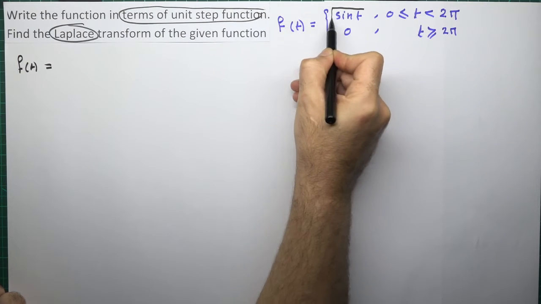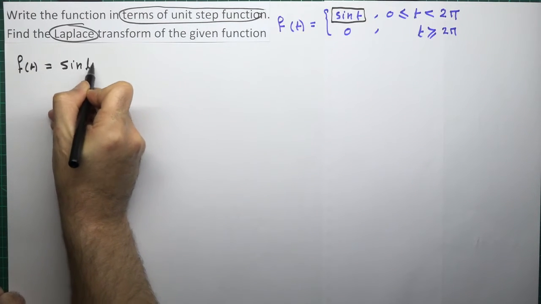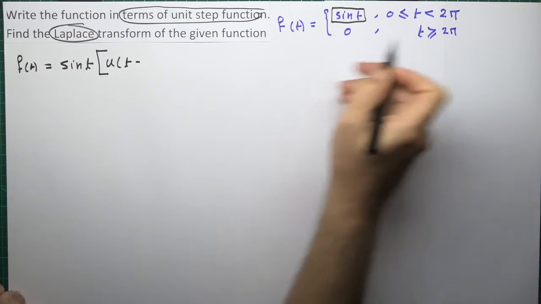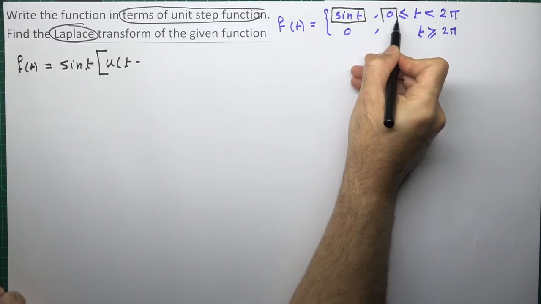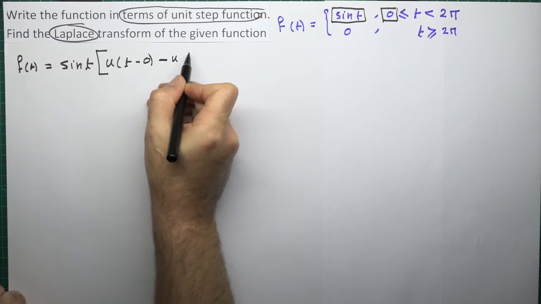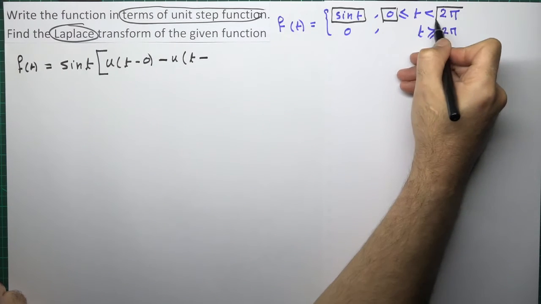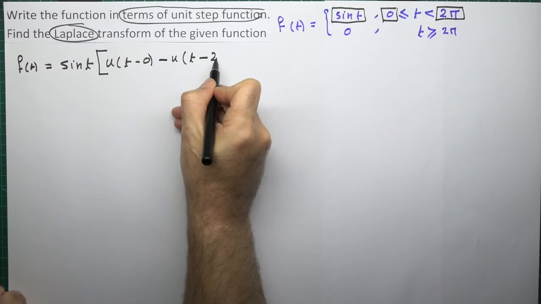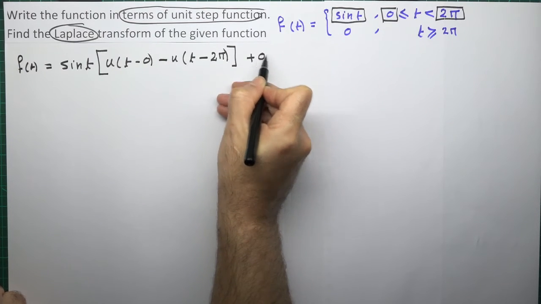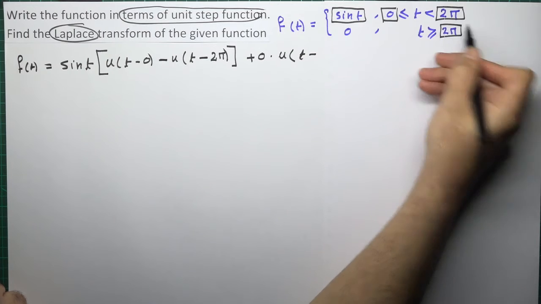We will take this function whatever it is. We have here sine of t times u of t minus this number minus 0, then minus u of t minus whatever we have here 2 pi, then close this plus 0 times u of t minus whatever we have here.